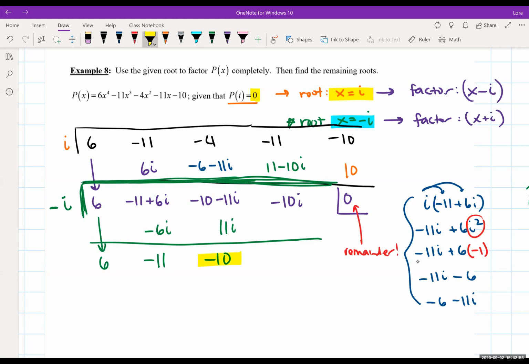Repeat, negative 10 times negative i, you will get positive 10i. And this is good news, because when we do get positive 10i, look what happens. They drop out and we get another remainder of 0. And this is exactly what we needed to happen.